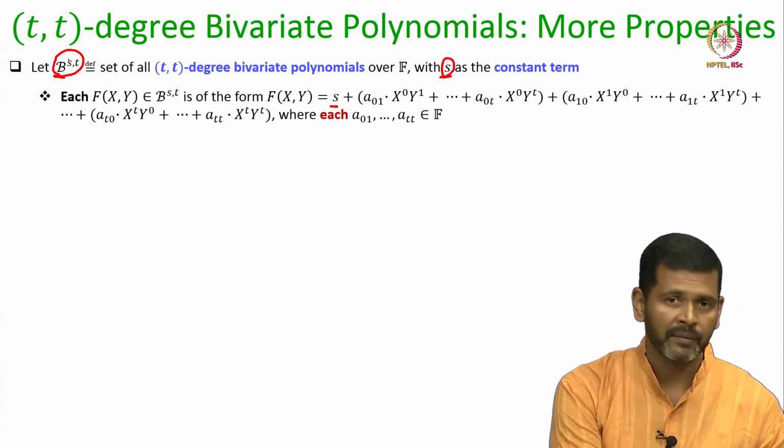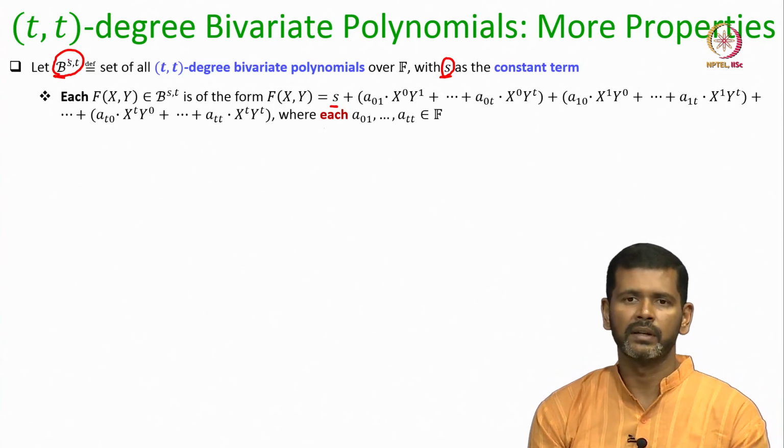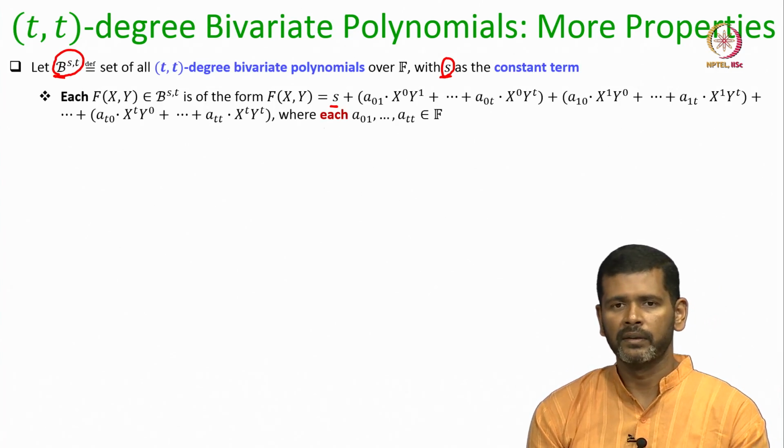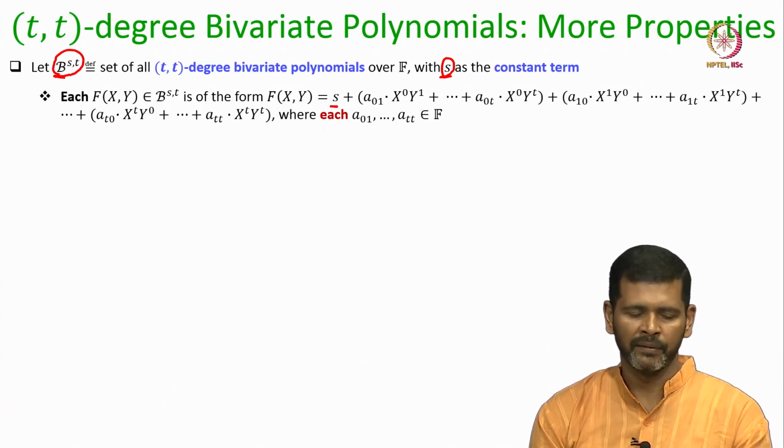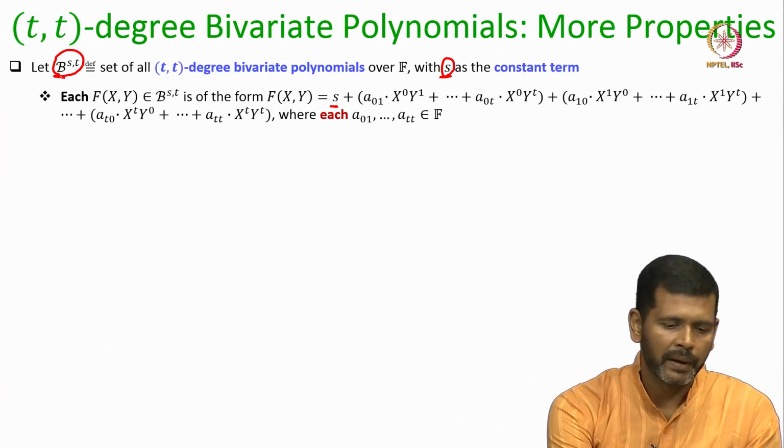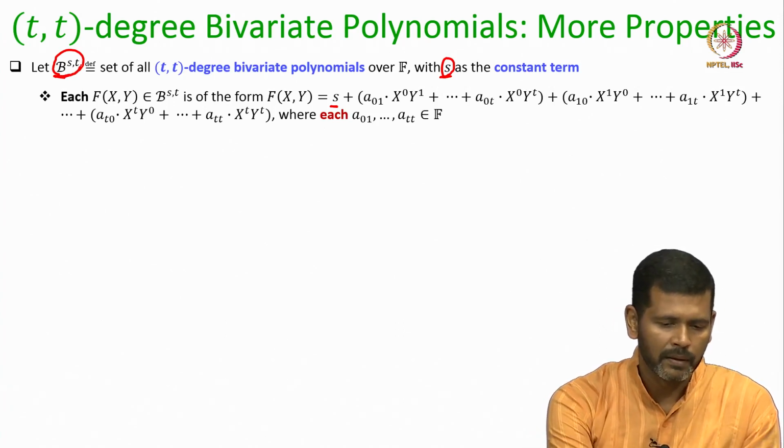I will just say bivariate polynomials. It should be understood that the degrees of both the x and y variables are t when I say a bivariate polynomial. So, the set of all bivariate polynomials of degree t with constant coefficient being s will be denoted by this set.